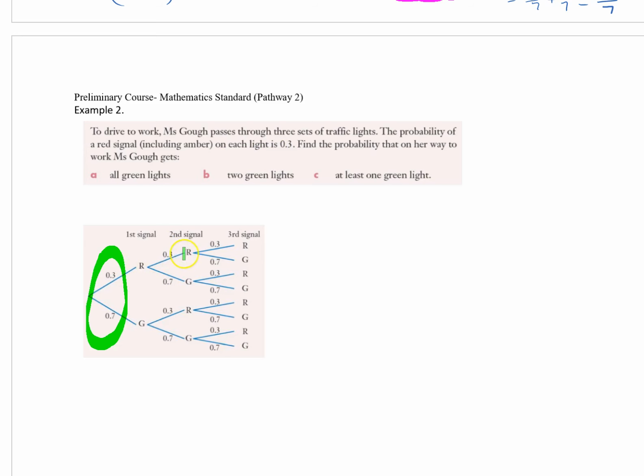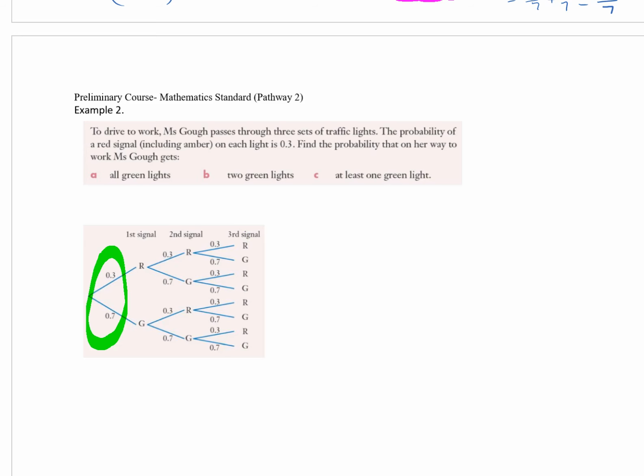So the first light could be red, the second set of lights red, and the third set of lights red. To get the probability that they're all red, we multiply across the branch. Now that's something that needs to go in your key points and summary for this exercise: that to find the probability, you multiply across the branches.